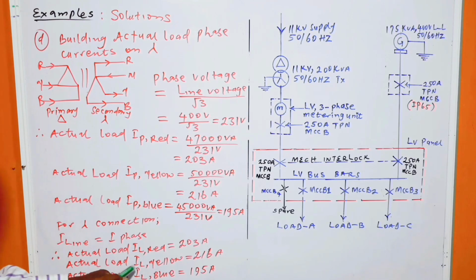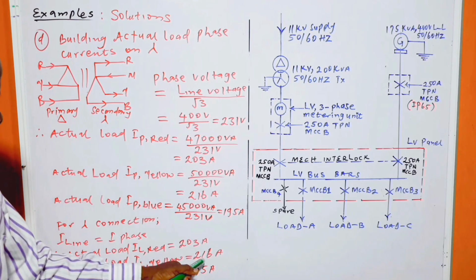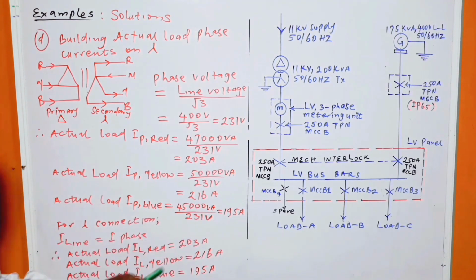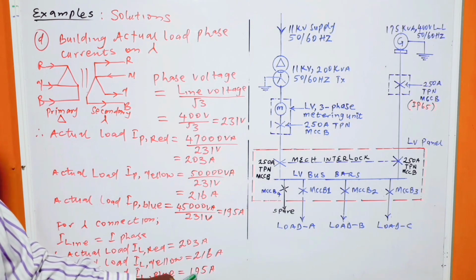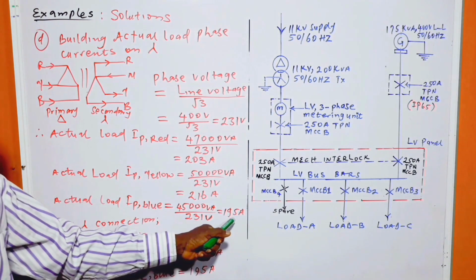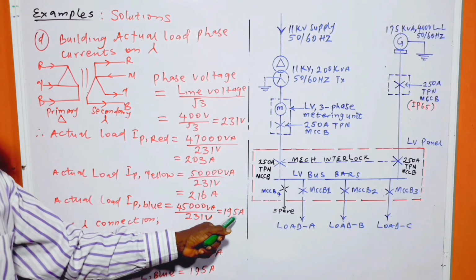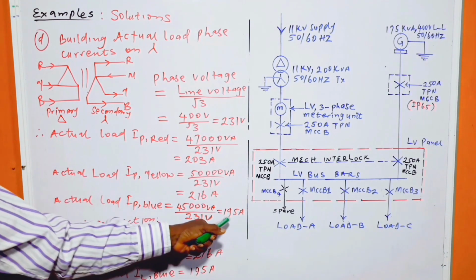And the actual load I line yellow is equal to 216 ampere, as it is here. And actual load I line blue is equal to 195 ampere, which is the same as what was obtained here.